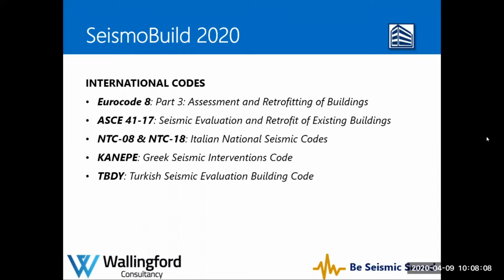And of course the Italian National Seismic Code, NTC 08 and 18, the Greek Seismic Intervention Code, and the Turkish Seismic Evaluation Building Code. All right, so these are the 5 main international codes in our SEISMOBUILD program.